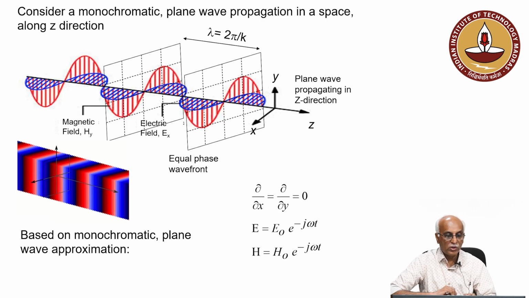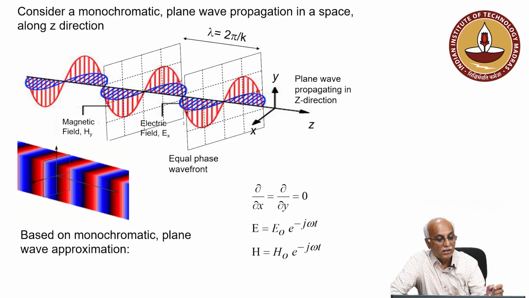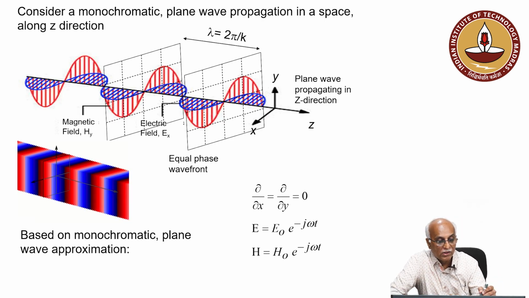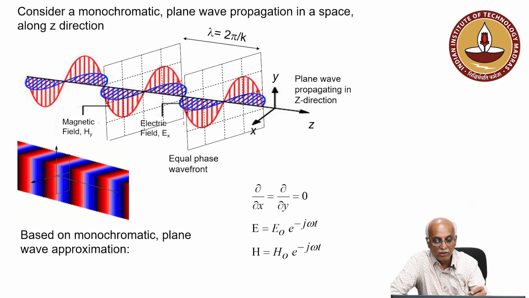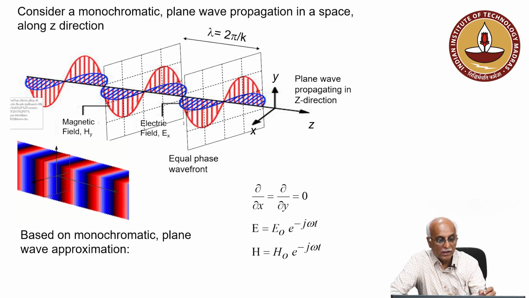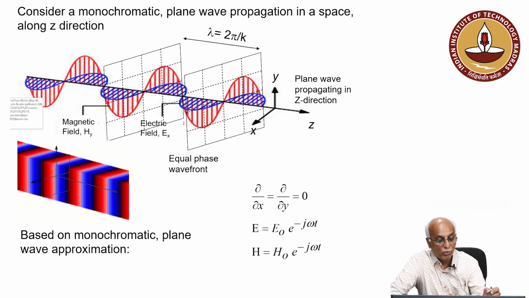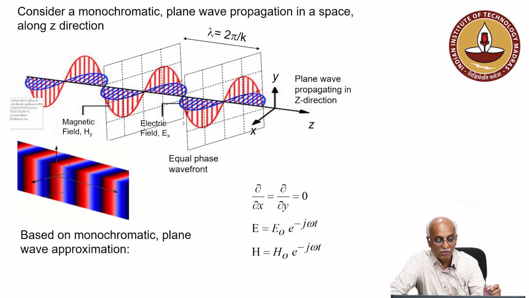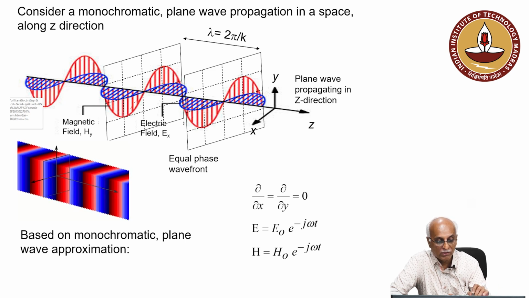Now if we consider a plane wave, what we see is that a magnetic field which is sinusoidally varying and propagating will generate a corresponding electrical field based on Maxwell's equations.